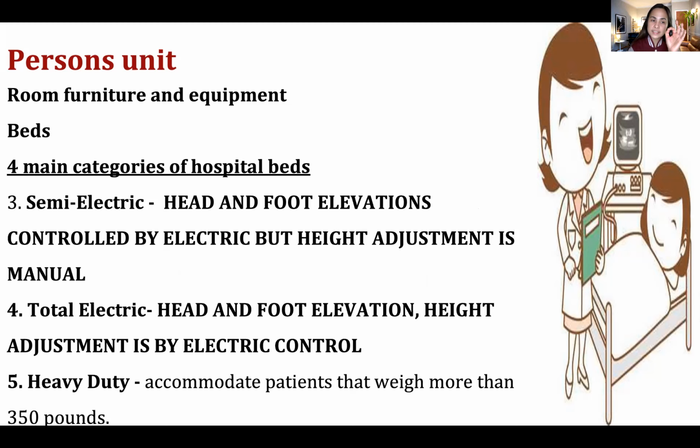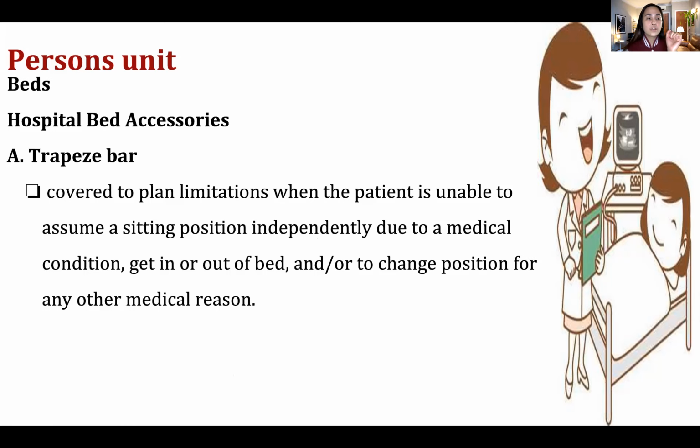If it's semi-electric, the head and the foot elevations are controlled by electric, but the height adjustment is manual. Okay, that is semi-electric. While total electric bed, all of the functions will be electric. Heavy duty is for bariatric or obese patients, which is more than 350 pounds or approximately 150 kilograms.